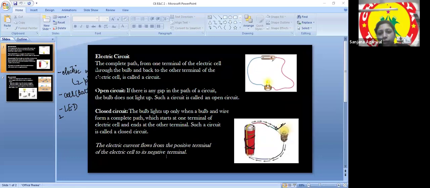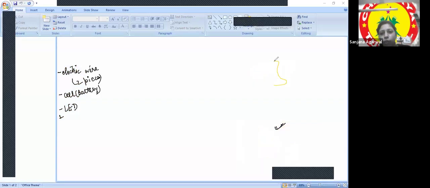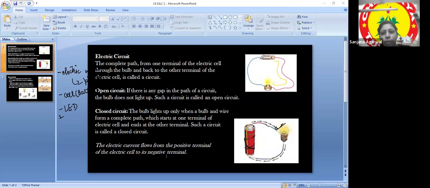Look here, when we connect the positive terminal of the cell to one end of the bulb and the negative terminal of the cell to the other end of the bulb, what happens? See how the cell works. Do you know what is present inside the cell that allows the appliance to work? It allows the bulb to glow. It allows the fan to move.